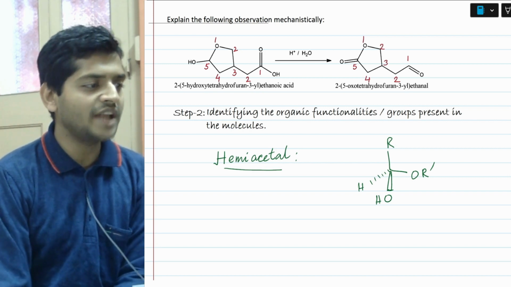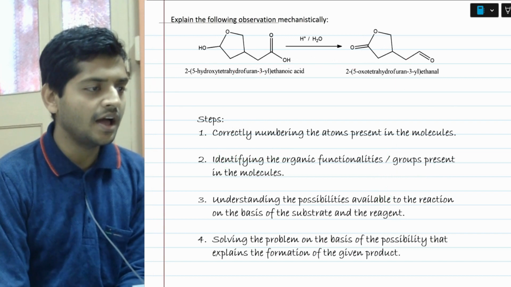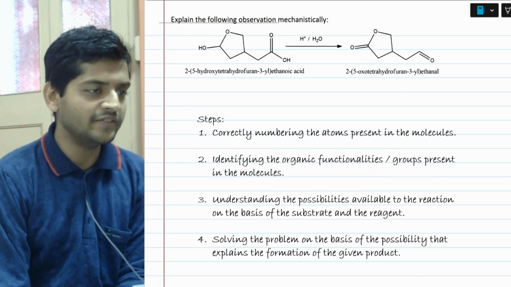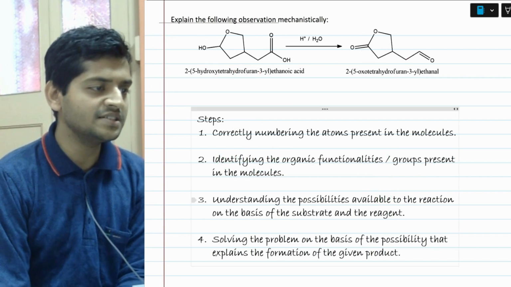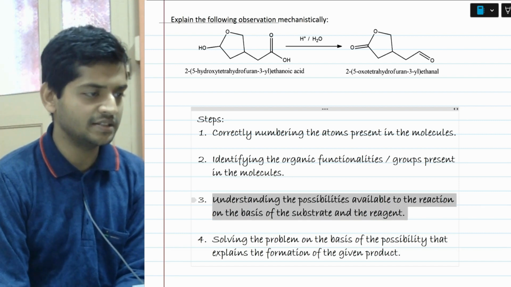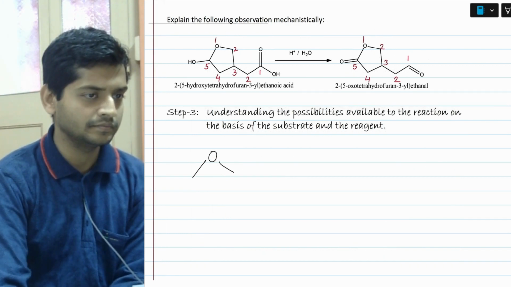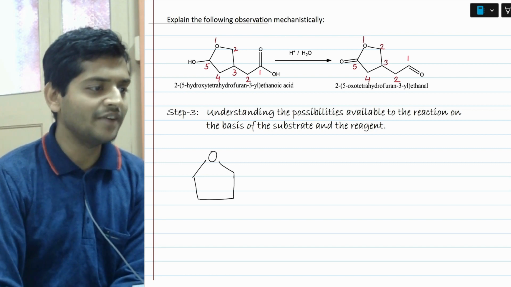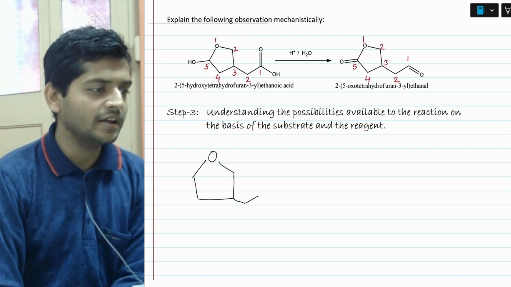Now we are moving on to the next step, that is step number 3, understanding the possibilities available to the reaction on the basis of the substrate and the reagents. So we have three pathways. The first pathway is the protonation.